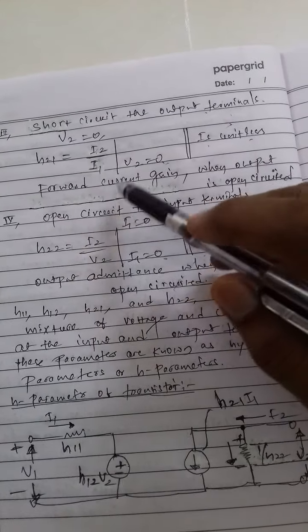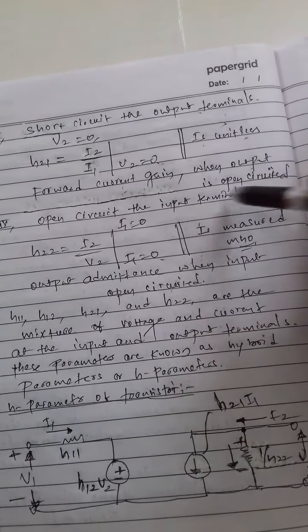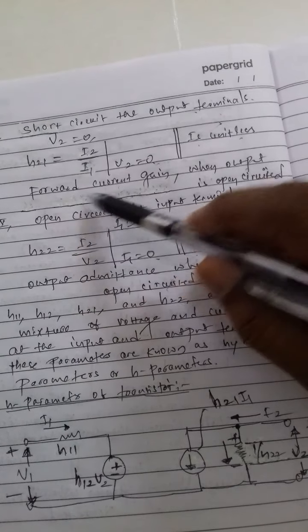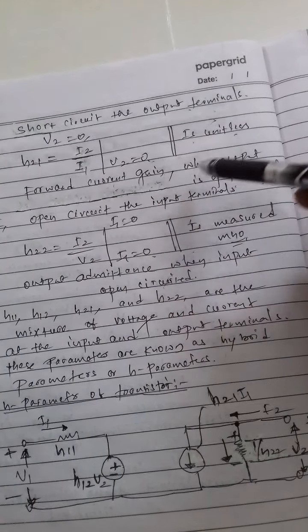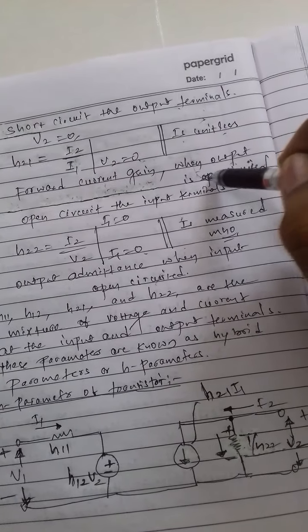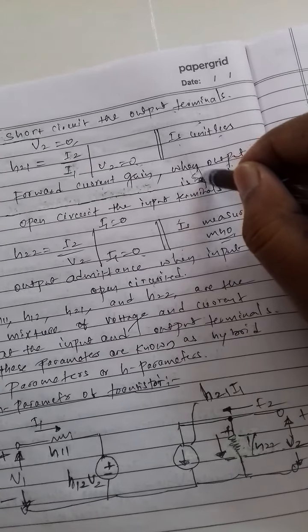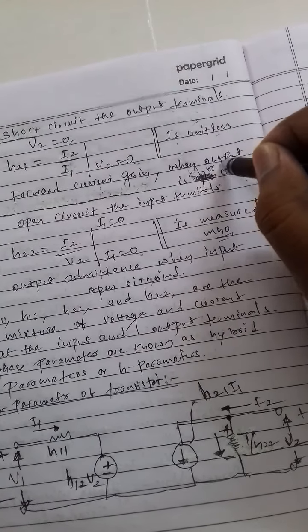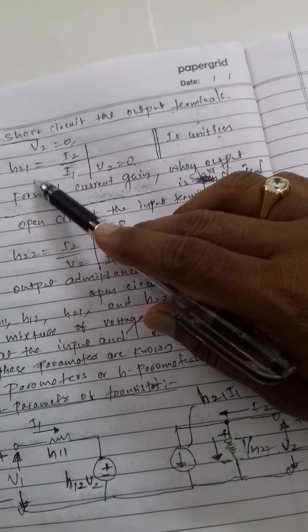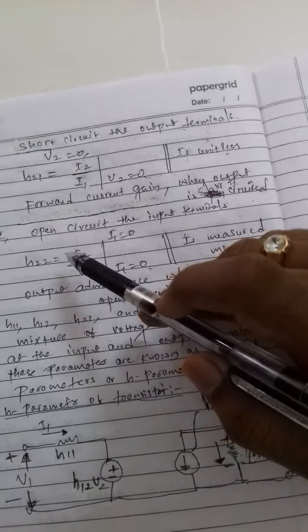This is the forward current gain when the output is short circuited, not open circuited.